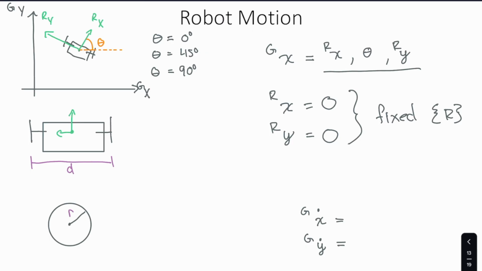What we really need for this equation is to just know what the transformation to G from R is. And as a reminder, that's some combination of a rotation and a point.